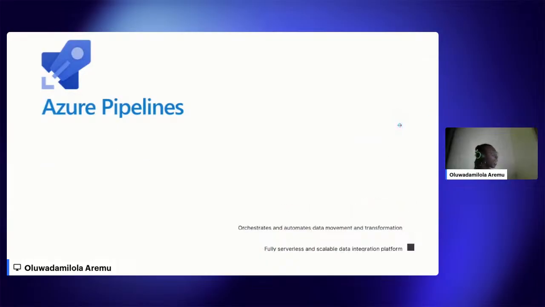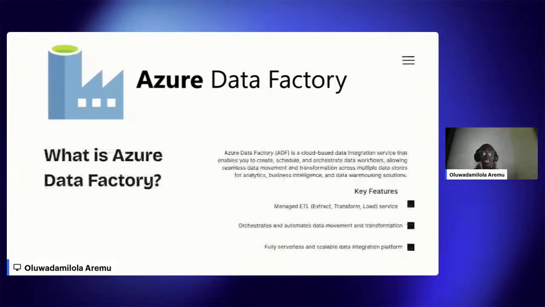And then we talk about building a data pipeline with Azure Data Factory. So, what does Azure Data Factory look like? Azure Data Factory is an integration service, an environment that enables you to create, schedule, and orchestrate data workflows. So, like we said, in your pipeline, when everything is moving, you want it to move flawlessly, and that's what your data factory does. It helps you to orchestrate it, to manage it from beginning to end. It allows seamless data movement and transformation across multiple data stores.